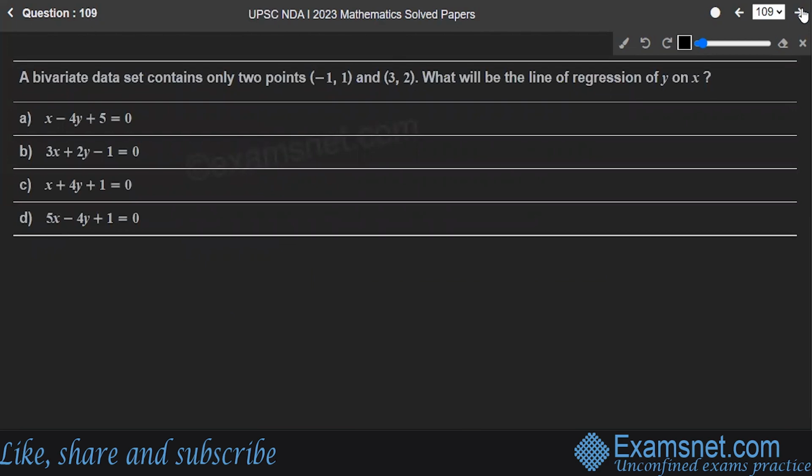A bivariate data set containing only 2 points, 1 comma minus 1 and 3 comma 2. What will be the line of regression of y on x? So the given points, let's write down.